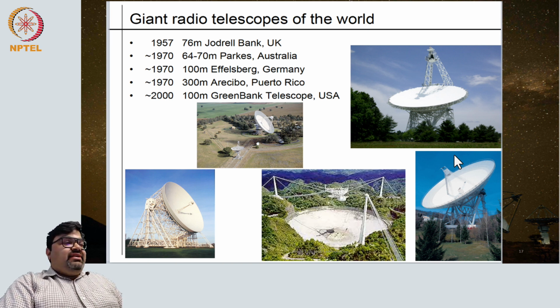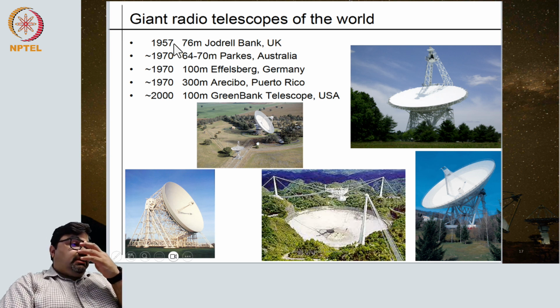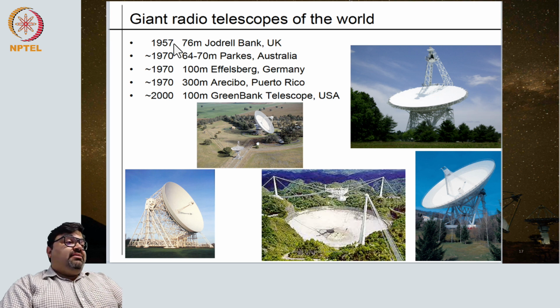So, rightfully so, this is a list of the single dish telescopes built in 1957. There was this 76-meter Jodrell Bank telescope built in the UK towards your lower left. Then the 64-meter telescope in Parkes was built towards the upper side on the left.